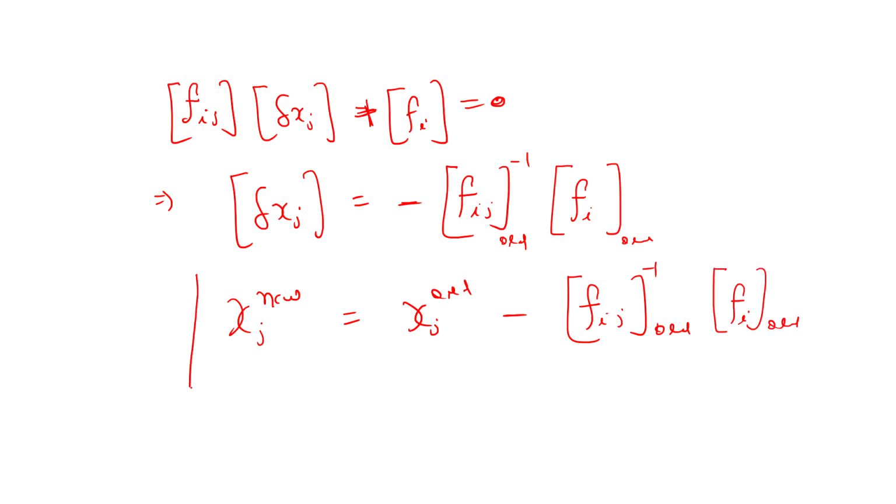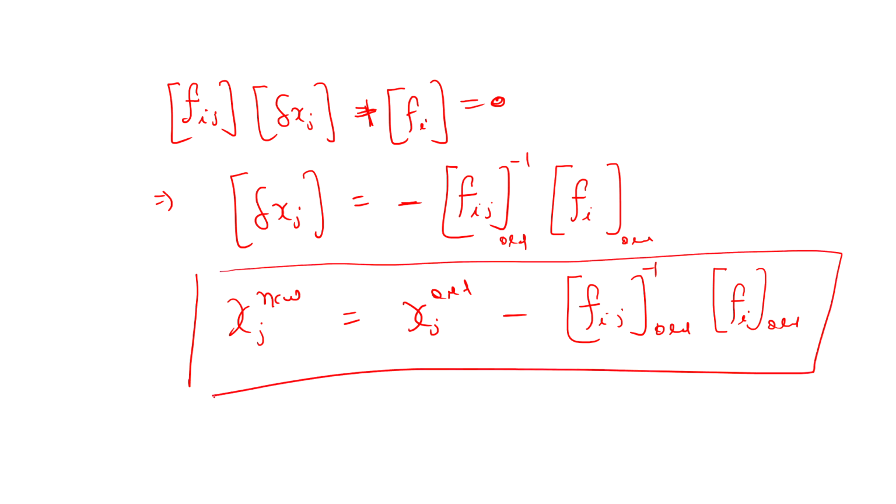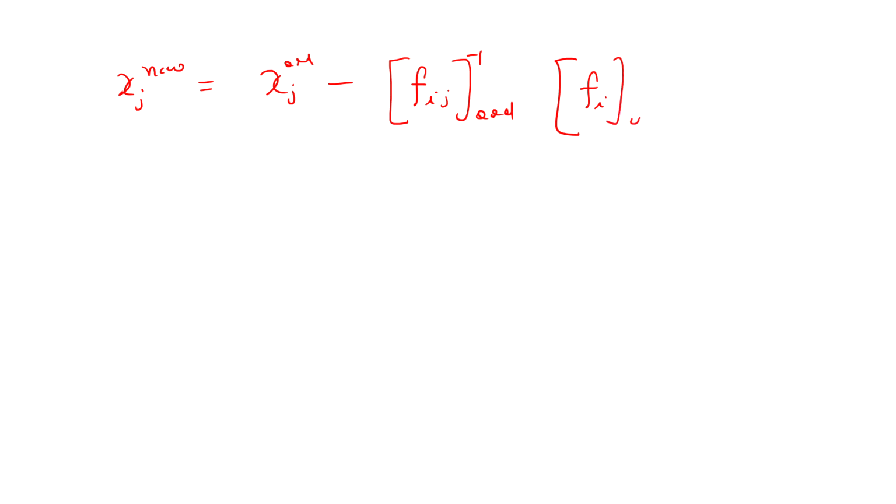So this is a generalized form. I will explain each term. This is the new value of xj at the next iteration, and this is the old value of xj at the previous iteration, and this is Fij inverse using old values, and this is Fi using old values.